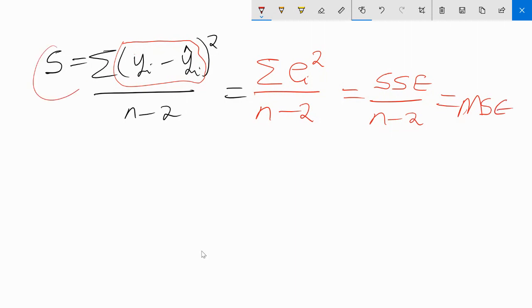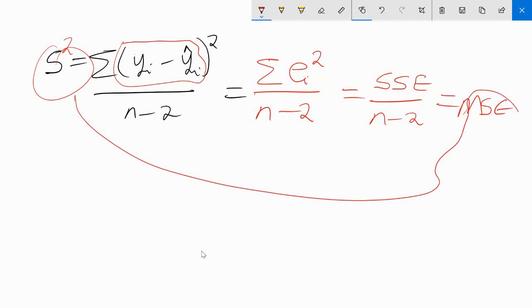So this S squared, by the way, is nothing but MSE. Is it clear? Thank you very much.